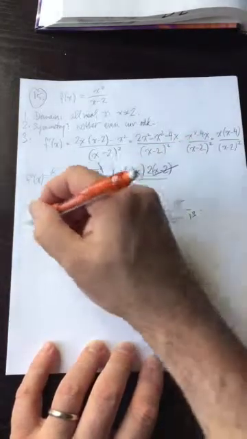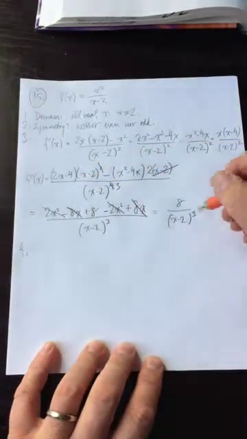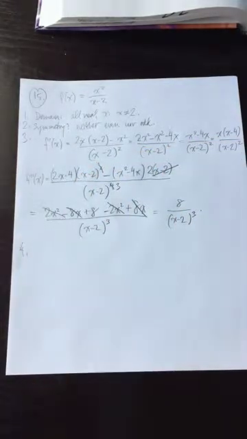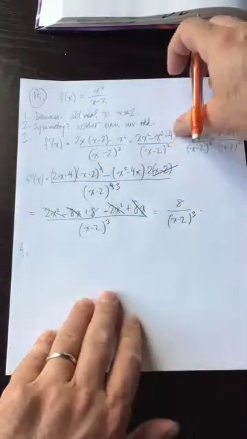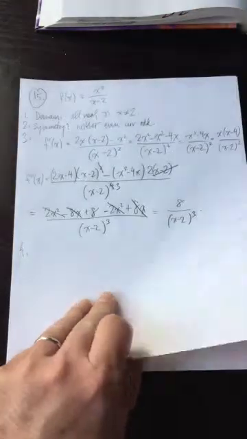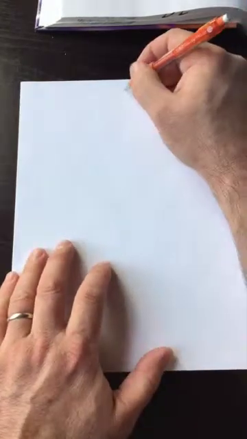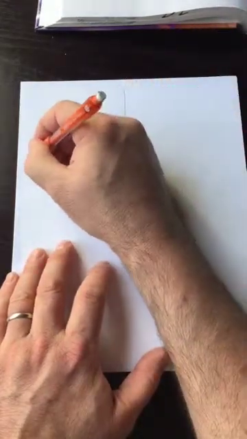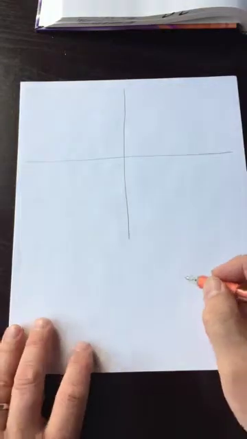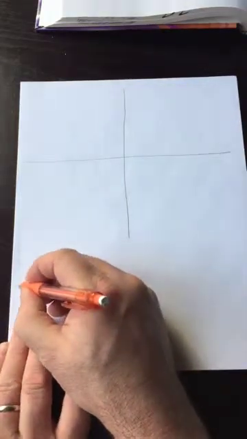Now, 4 is critical points and inflection points. So the way that I like to do this is to start my graph on a separate sheet of paper, really big. And underneath the graph, I make a number line.